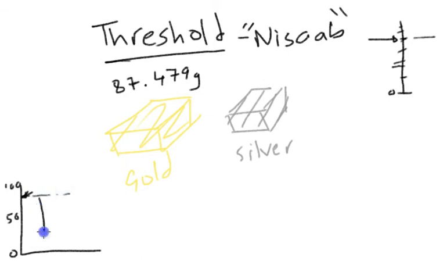So if someone had this much gold, then that person would have to give the zakat for that. This is the threshold: 87.479 grams of gold a person needs to possess.